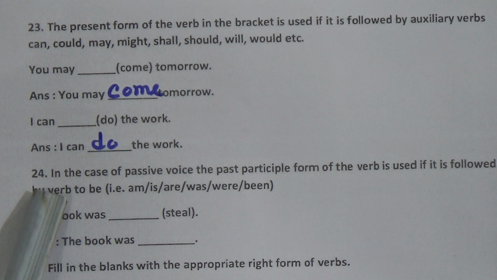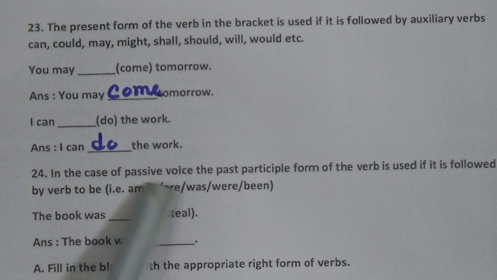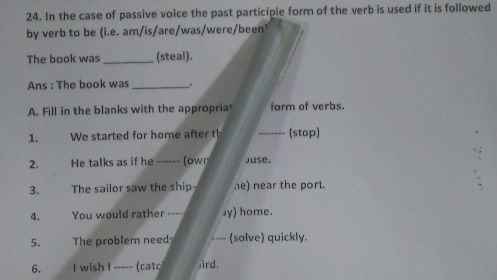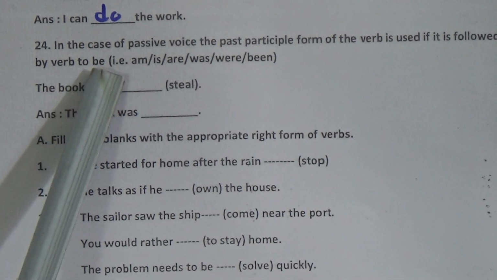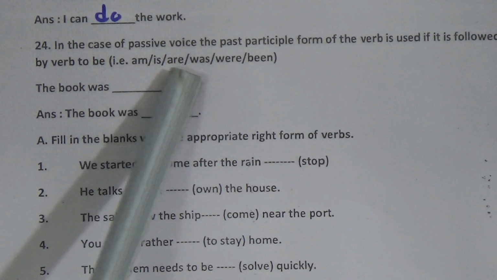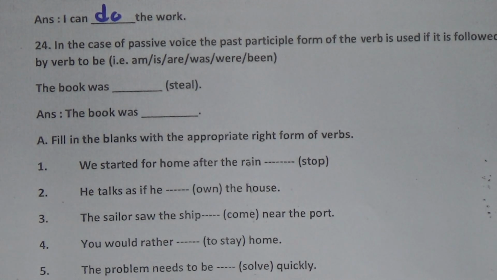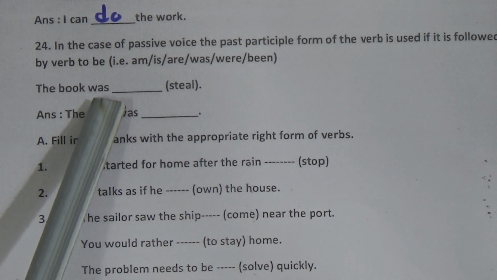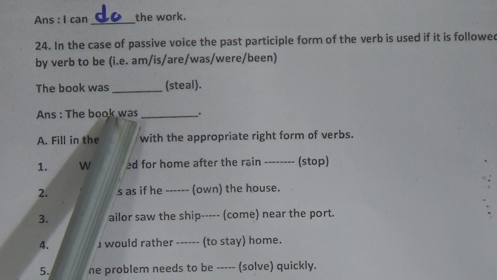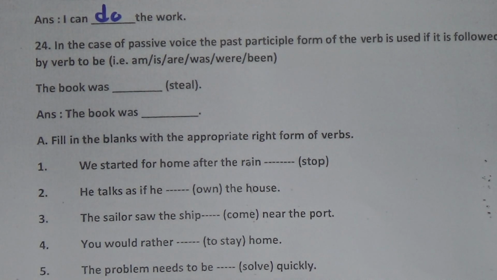The next rule: in the case of passive voice, the past participle form of the verb is used if it is followed by the verb to be, for example, am, is, are, was, were, been, etc. That means if you find an auxiliary verb and the sentence is in passive form, you will use the past participle of the verb.